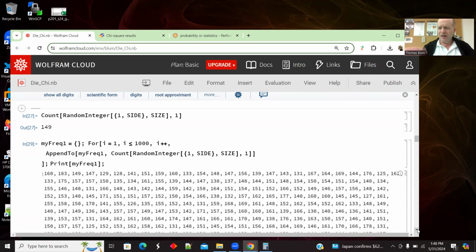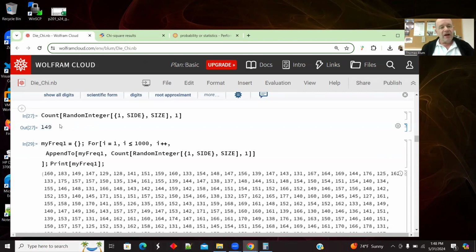You pick so many of them, the degrees of freedom, df of them, take each value and square it, and add those up.